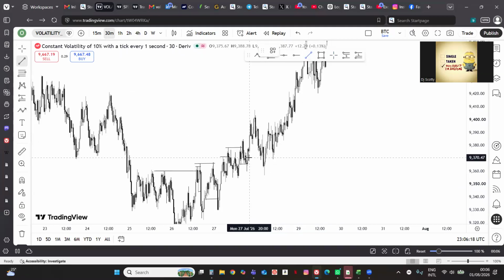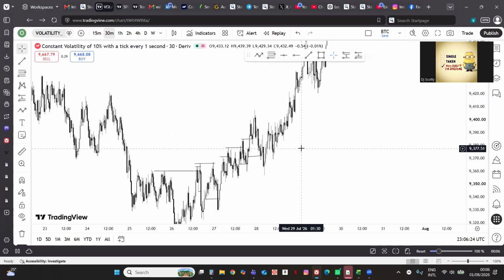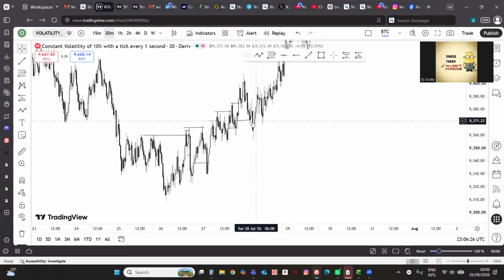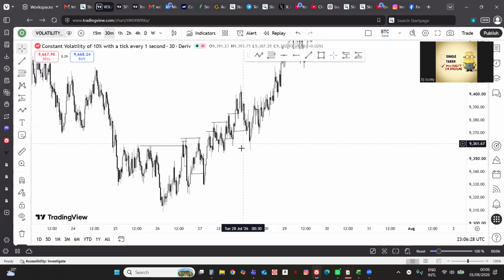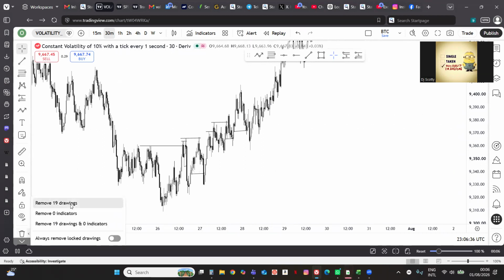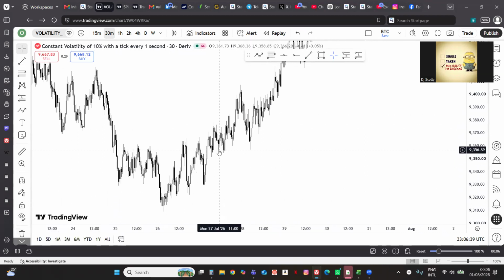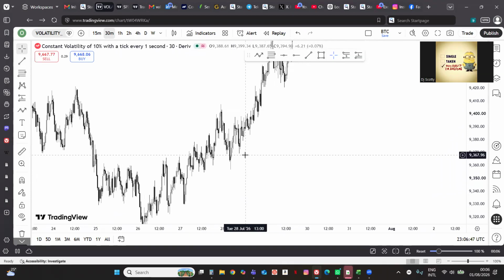An inducement here. And then it did what? It broke structure here, then came back to this place to take it out. But unfortunately, it took out the one that seemed to be protected. It's not like you could have had too much SL from this.